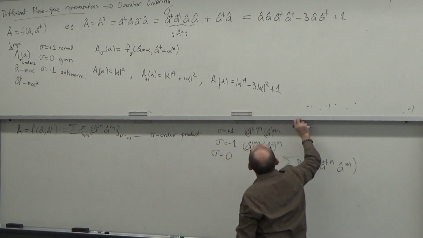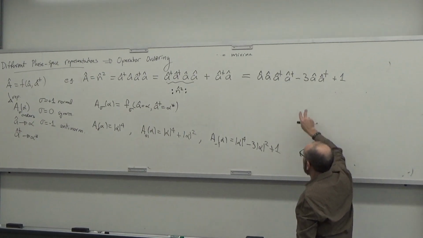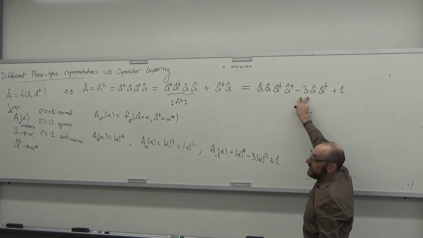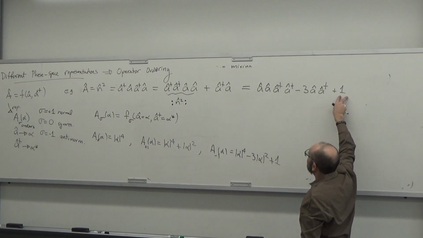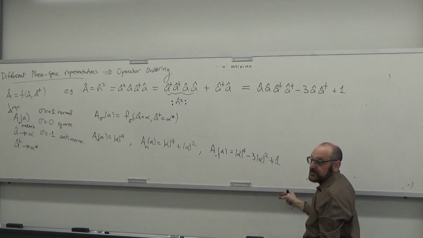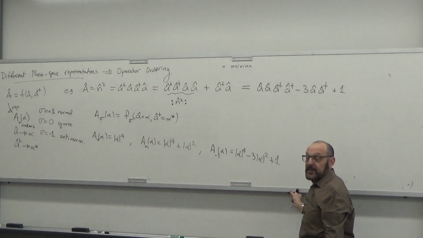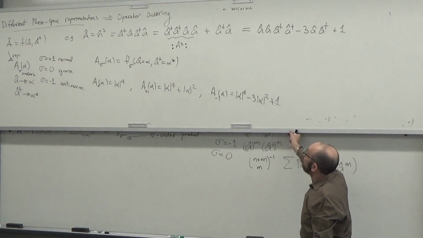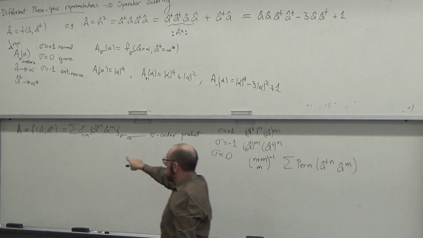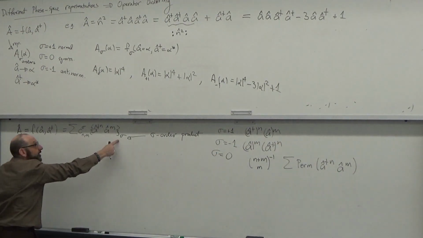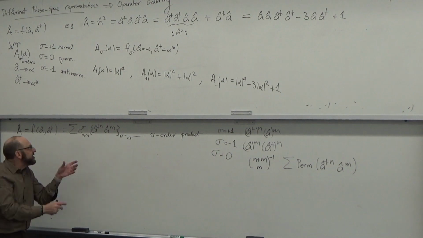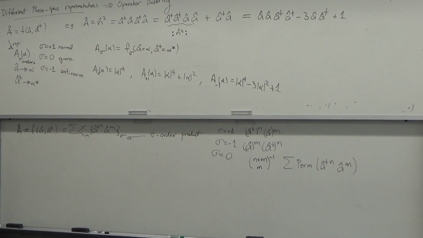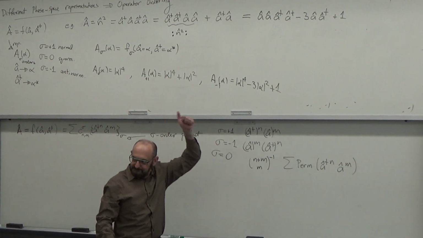And this guy has a different coefficient in that power series expansion. In this power series expansion, that coefficient is -3, and it also has a coefficient in the power series expansion where n and m are equal to 0. So what these coefficients are depends on the ordering. But in all cases, the sum adds up to the same operator. Is that clear? Just like that did.